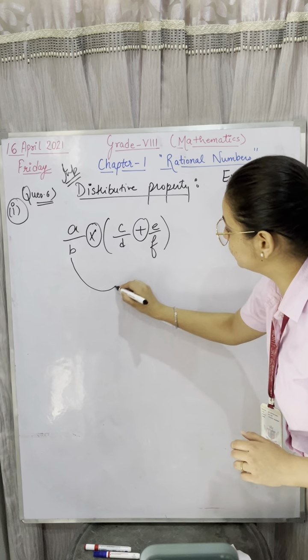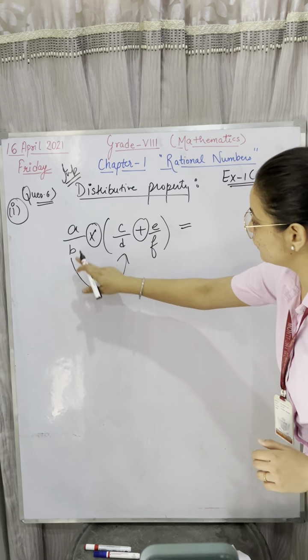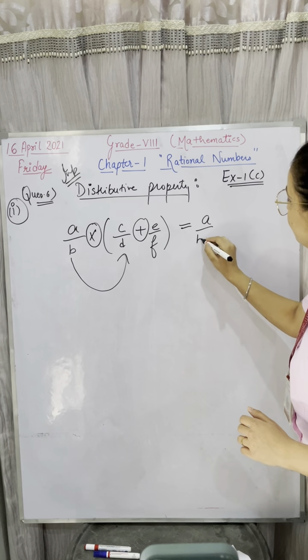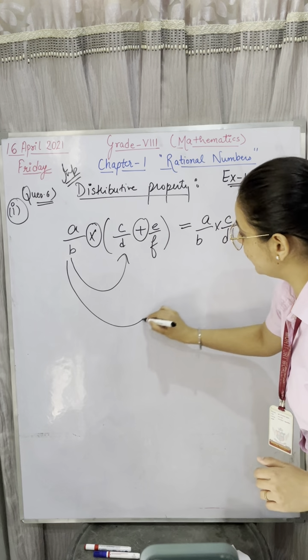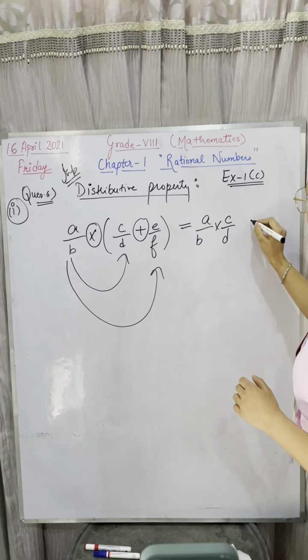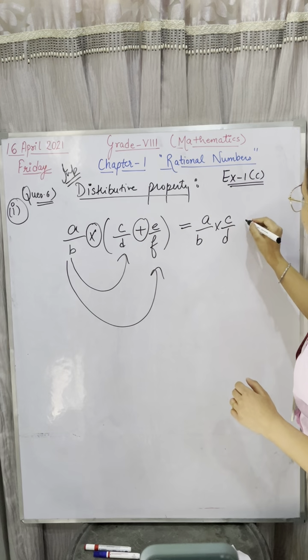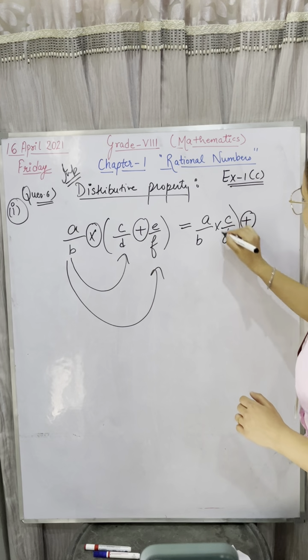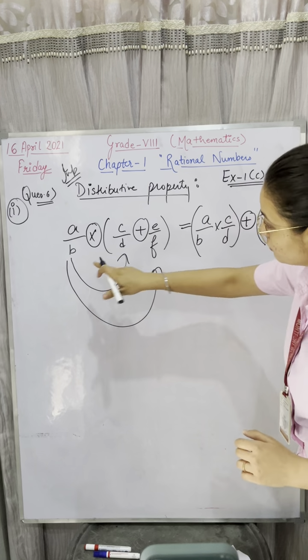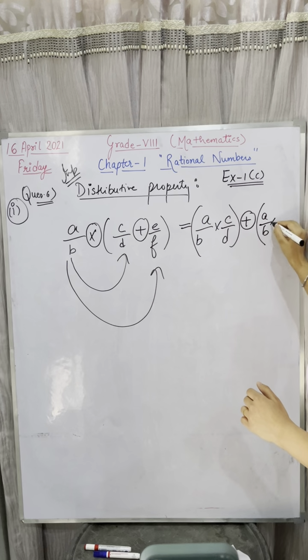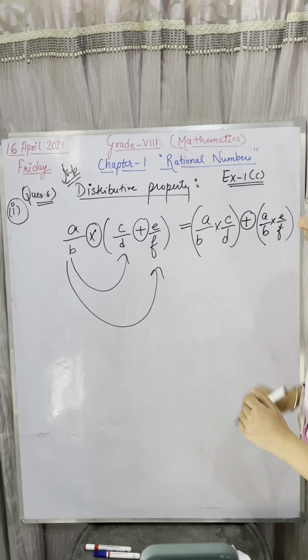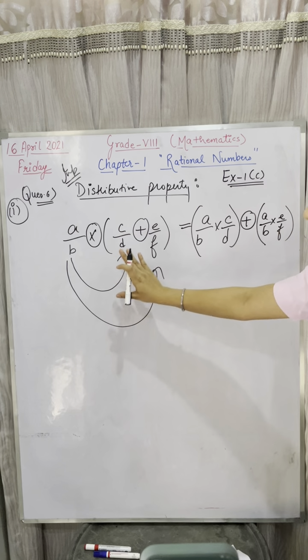First of all, multiply this rational number A by B with the fraction C by D. Then in the next step, put the addition sign here. In the next bracket, A by B multiplies with E by F. In this way you have to open this property.